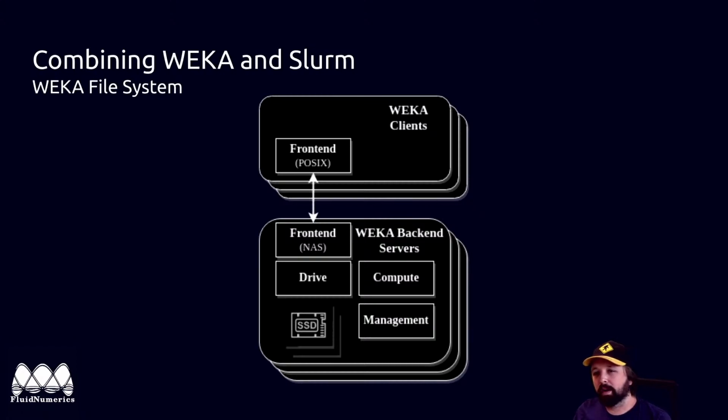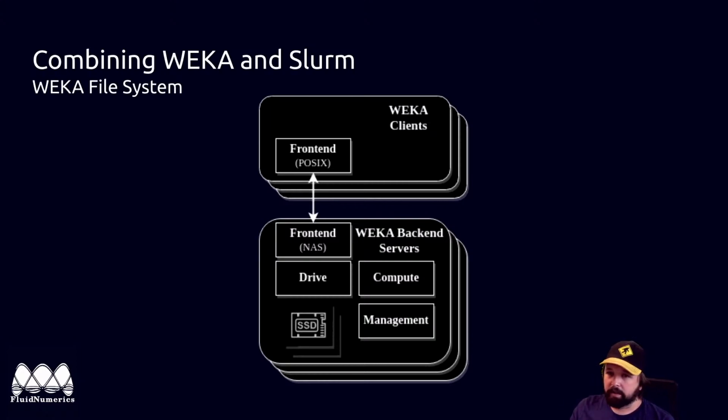The WEKA backend servers on the bottom half are dedicated to hosting 4 separate processes called the front end, drive, compute, and management nodes. All of these are responsible for all the file IO operations to a set of local SSDs.